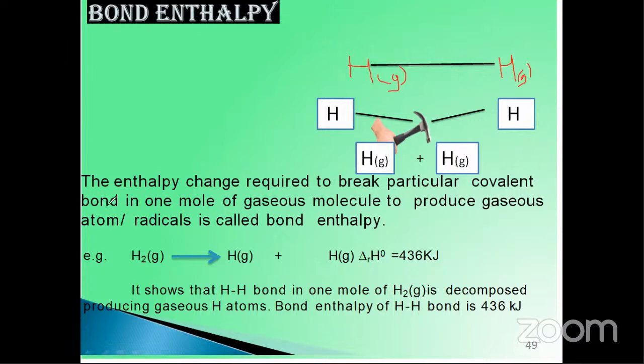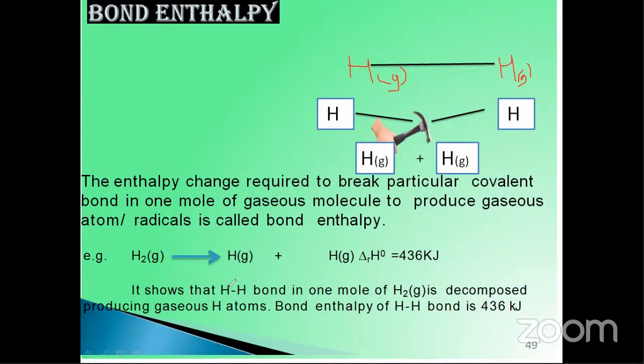this is known as the bond enthalpy. I'll again repeat. The enthalpy change required to break the particular covalent bond in 1 mole of the gaseous molecule to produce gaseous atoms is called the bond enthalpy. When this hydrogen molecule is broken down to give two hydrogen gaseous atoms, the energy required to break this bond is 436 kilojoules per mole.